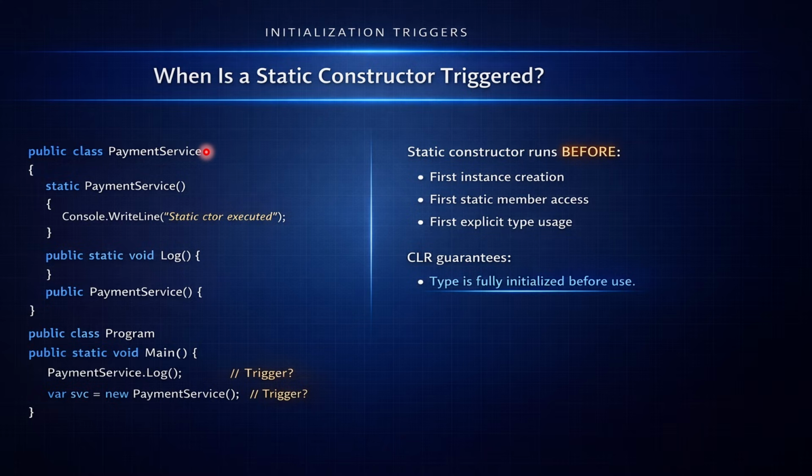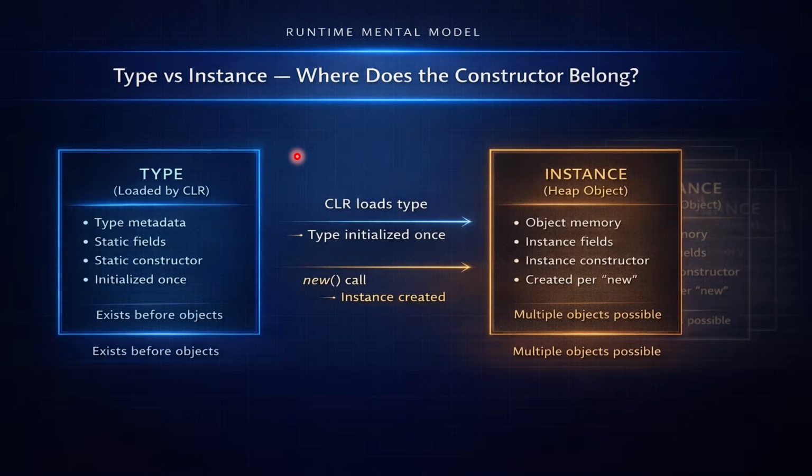A normal constructor or normal variable belongs to the instances of the class. That's a very important point you can raise during the discussion of static versus singleton: static is a keyword that belongs to the type or class, but the instance one belongs to the instances of the class. That's a very interesting and important point.